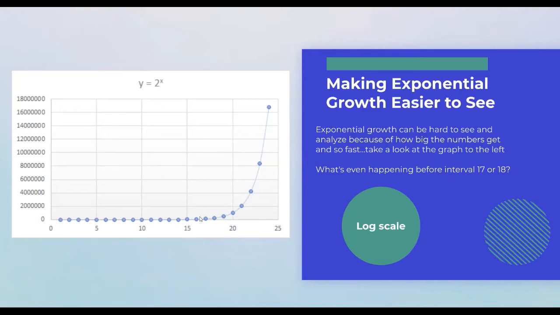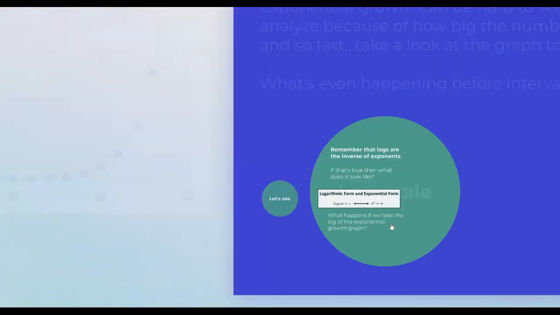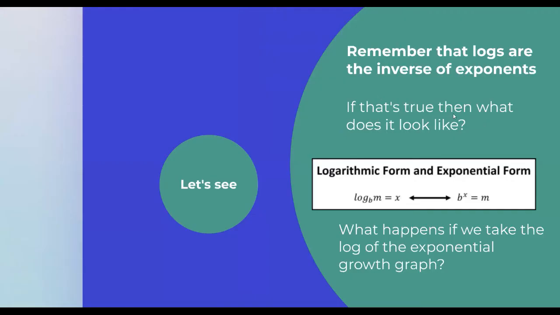But up until then, definitely up until x equals 16, you really can't tell what's going on. So you don't often see these exponential growth curves graphed out like this. And this is where log scales come in. Logs are the inverse of the exponential function. You can kind of think about it that way.